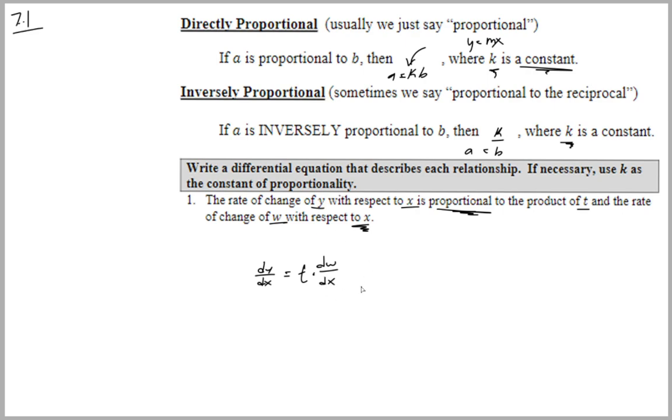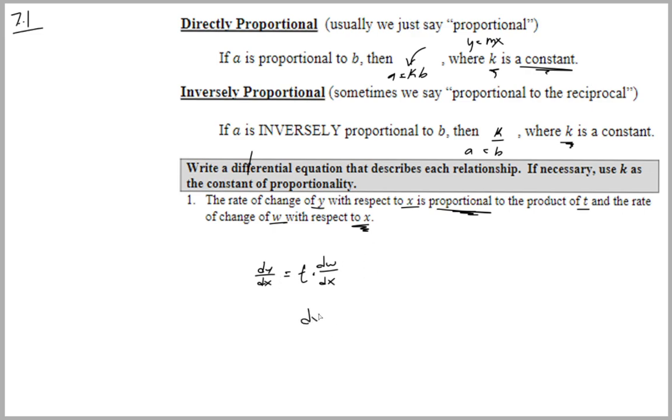But we also can't forget the very first rule that we see here, directly proportional. If A is proportional to B, then A is equal to k times B. So if this is A and this is B, then we have to multiply by k here.